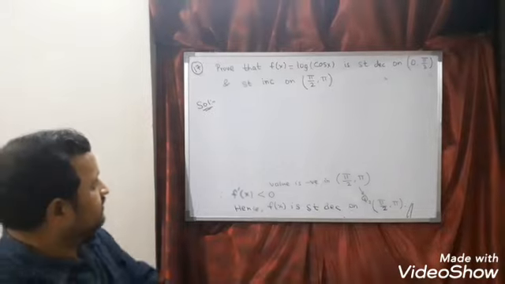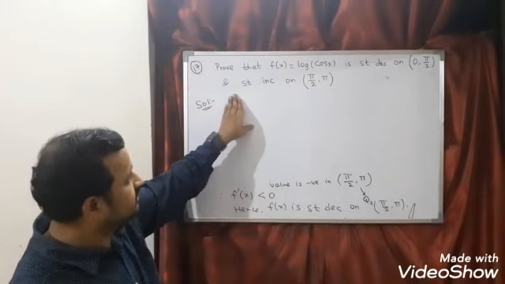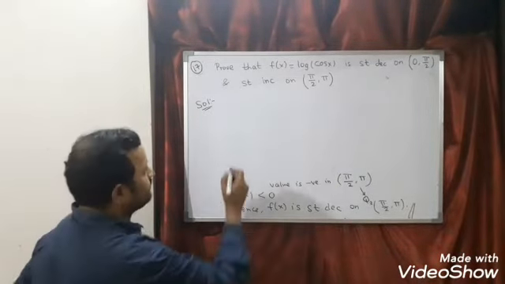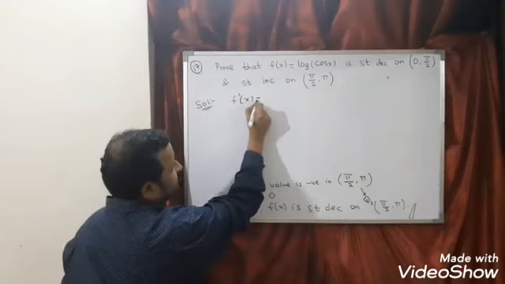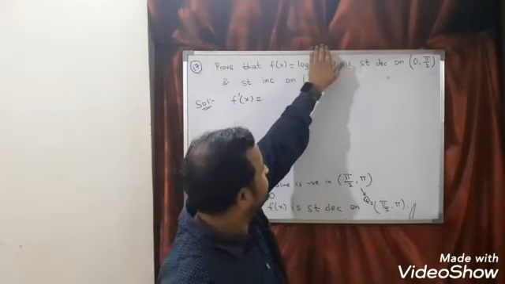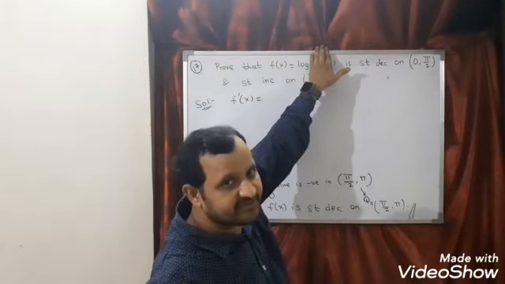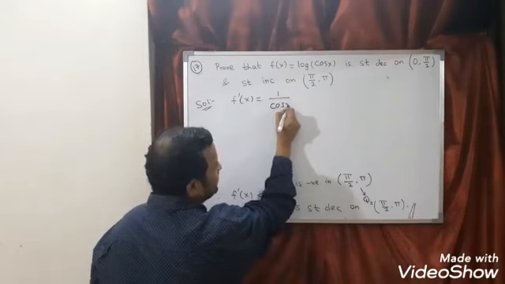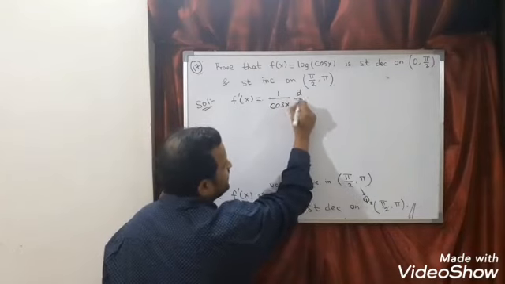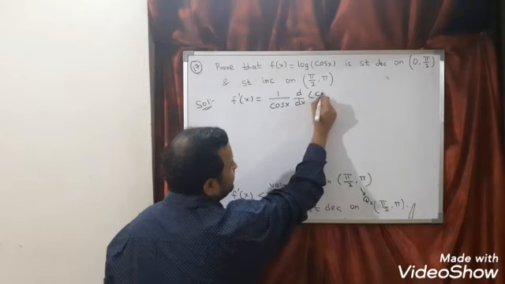So I think you got the solution also. Look here, so same. Tell me what is f dash x. So f dash x is equal to, assume this to be x, what is the differentiation of log x? So 1 by cos x into d by dx of cos x.